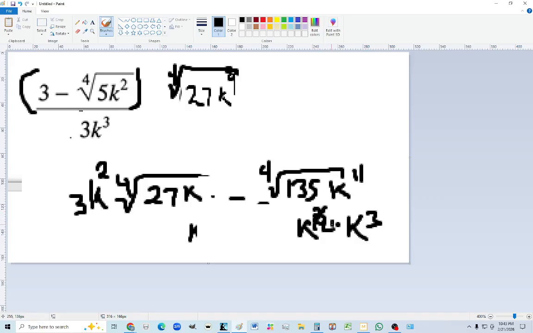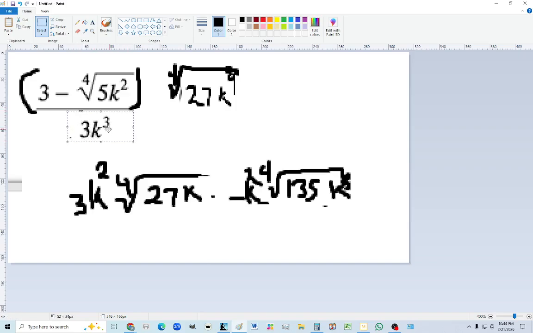K to the 8 over 4 is k squared. Means I can pull a k squared out, and I'm left with a k to the 3 in there. All of it over 3k to the power 3. Well, I got k squared here, k squared here, k to the 3 here. So it can cancel these out.